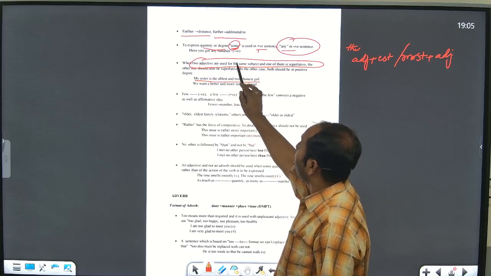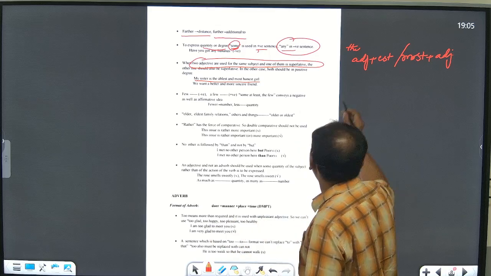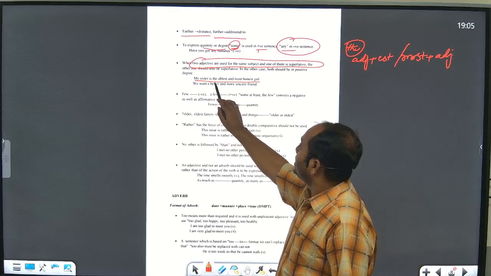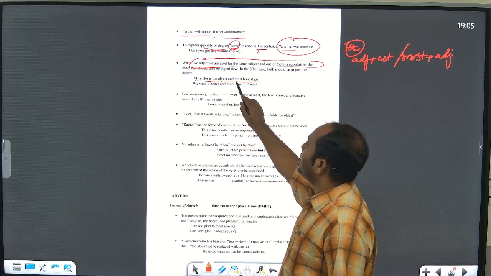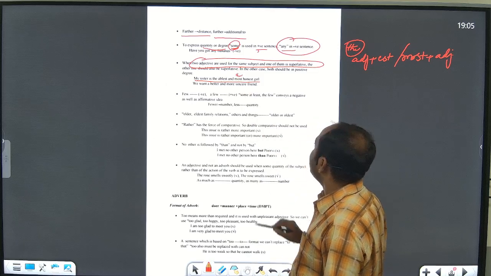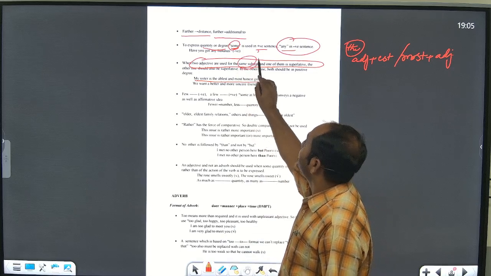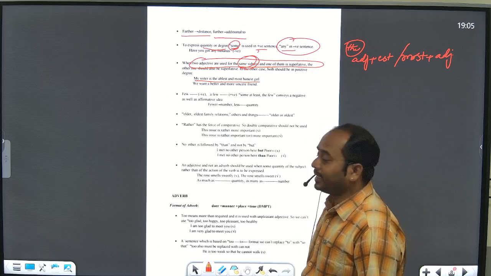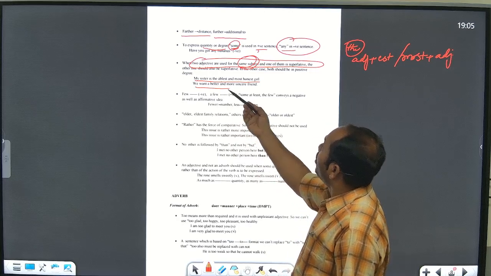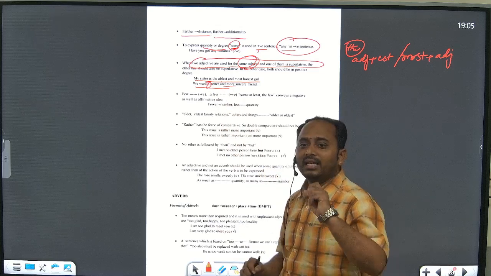Two adjectives are used with the same subject in the superlative. For two adjectives, no need to add two thes. One single the is enough. See, my sister is the ablest and most honest. Generally, most means we should add the only. But here it is not used because the is not compulsory as it is indicating the same subject. Next, we want a better and more sincere friend. No two a's here because single idea.